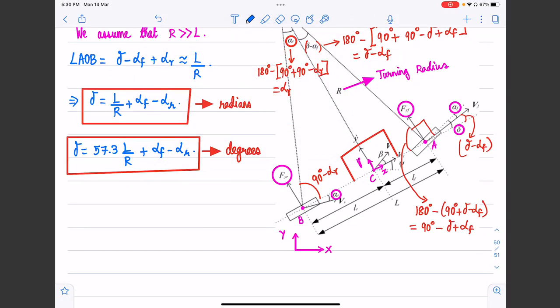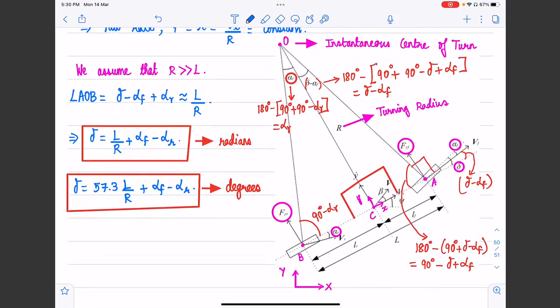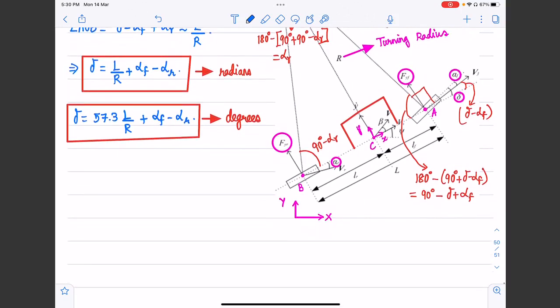Sorry, sir, one question. In this front wheel, this V, is that the heading direction of the front wheel? Okay, so let me draw that separately here. What is V? Let's say this is the front wheel.